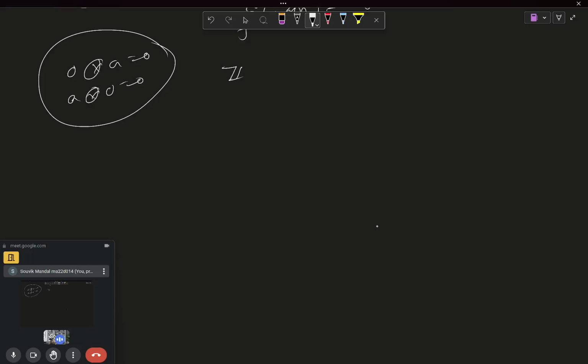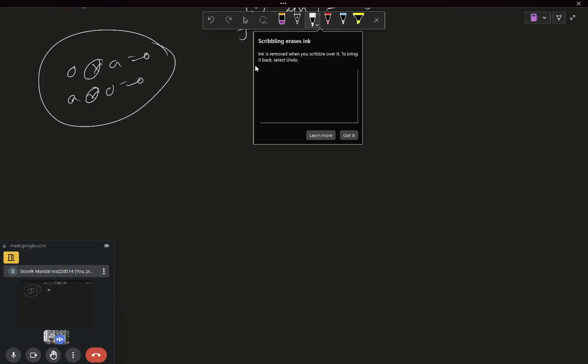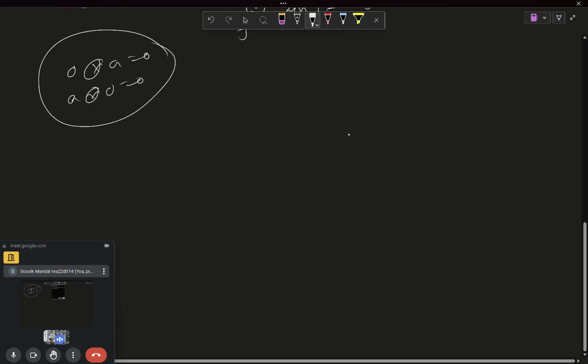Now let's get into the proofs of the properties of tensor product.